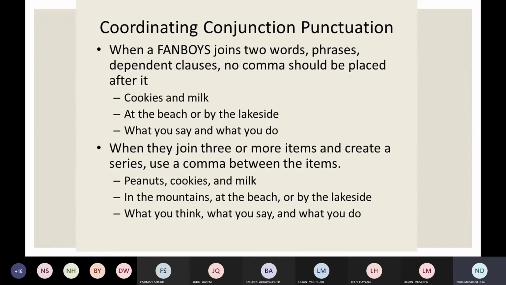At the beach or by the lakeside, I do not add a comma. What you say and what you do, I do not add a comma. But when they join three or more items, I add commas. So peanuts, comma, cookies, and milk. In the mountains, comma, at the beach, comma, or by the lakeside. What you think, comma, what you say, comma, and what you do.